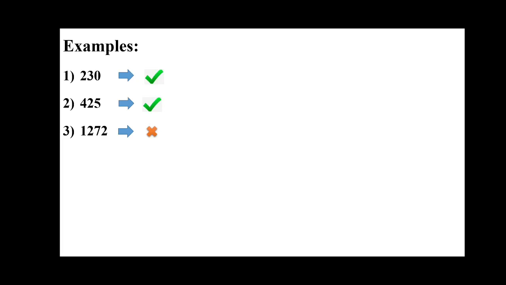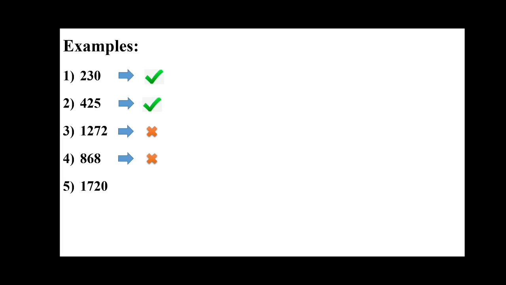So 1272 is not divisible by 5. Next, 868. Ones place digit is 8. So 868 is not divisible by 5.